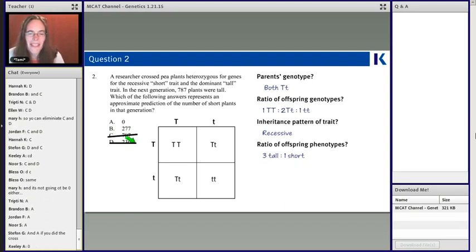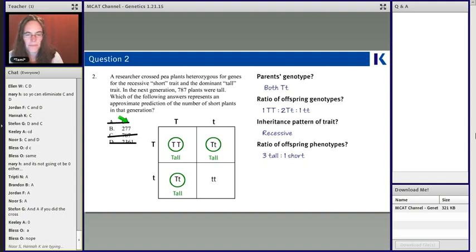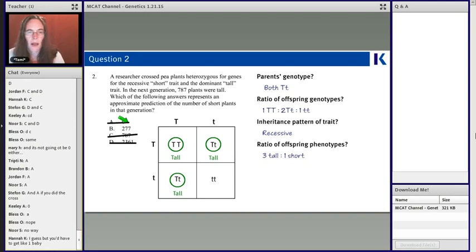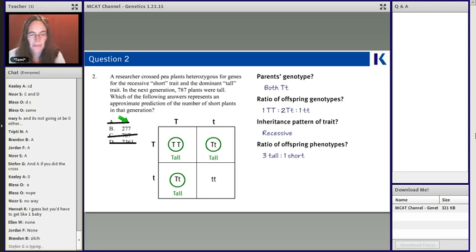A, is there any chance that if I cross these guys, I will get absolutely no short plants? Nope. I have a 1/4 chance of getting a short plant. How much math did I have to do here? None. Not any.